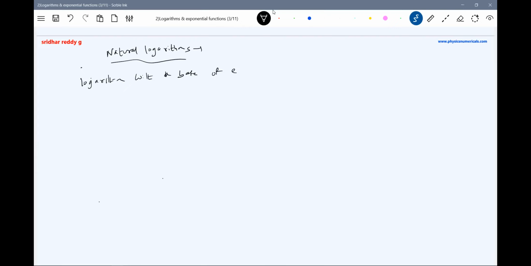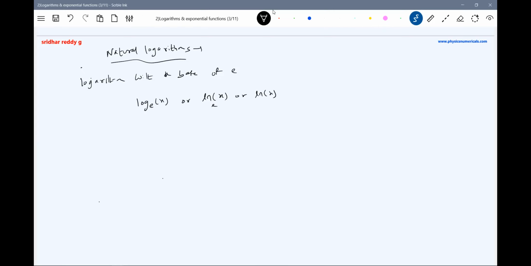Here, how do we represent it? We represent it like this, or we can also call it ln, or simply log x to the base e.